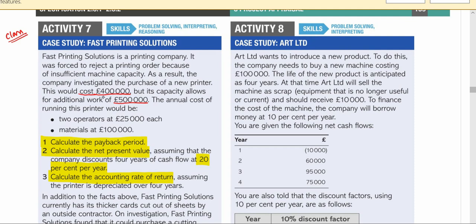The cost of the machine is 400,000, but its capacity allows for additional work of 500,000. The annual cost of running, these two are the annual costs. So where is the inflow? What is the benefit of the new printer?